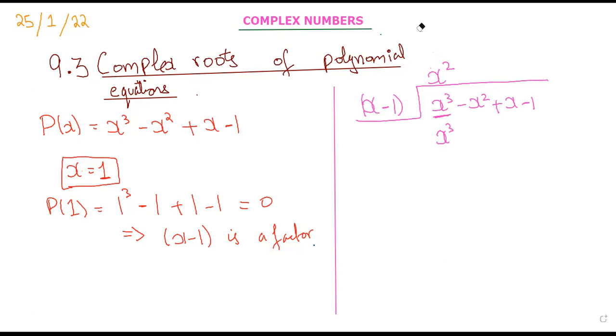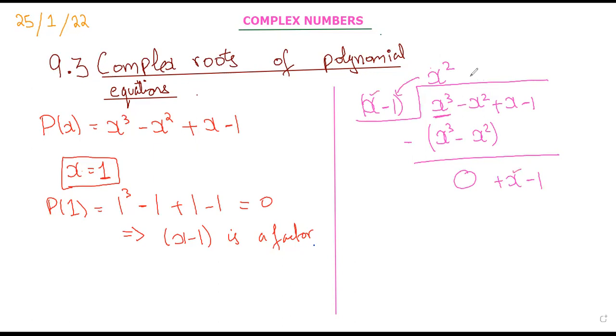Yes, Ranjani? Okay. So we multiply x square with x, we get x cube. Then we multiply x square with minus 1, we get minus x square. Then we subtract this, so we will get 0 plus x minus 1. Now, obviously, we need to get x. We already have x.